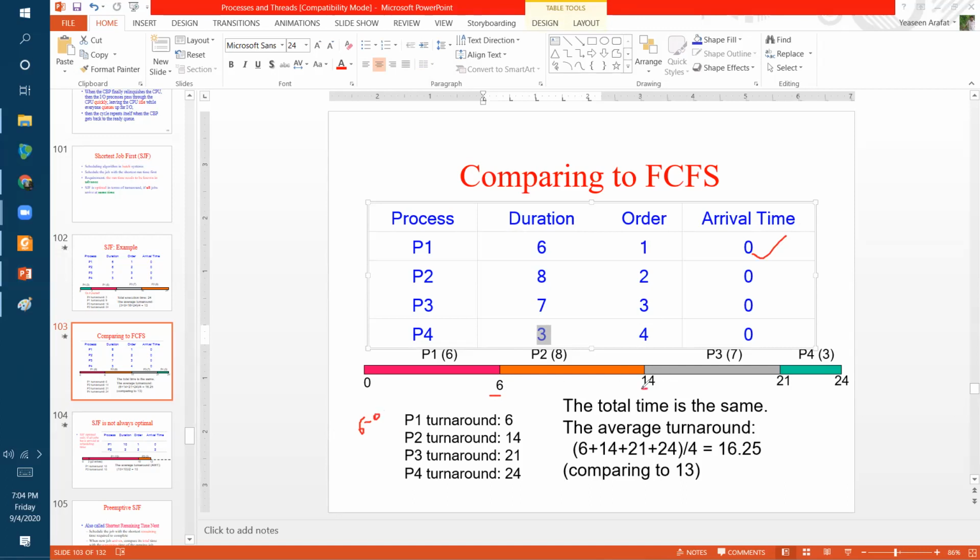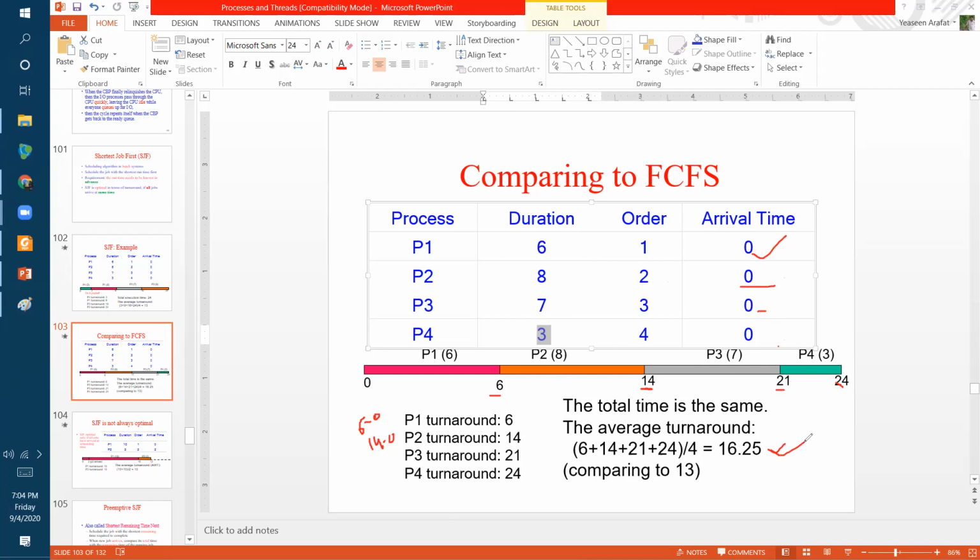For P2, 14 is the end time and arrival time is 0, as we have seen in the given graph. For P3, 21 minus 0, for P4, 24 minus 0. They are the turnaround times. Now (6 plus 14 plus 21 plus 24) divided by 4 equals 16.25.